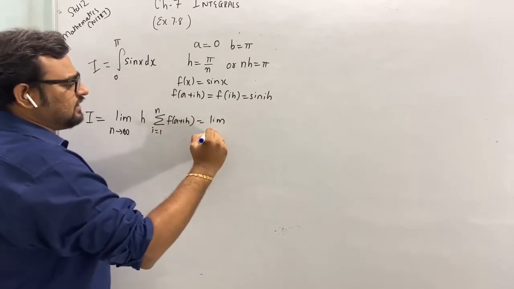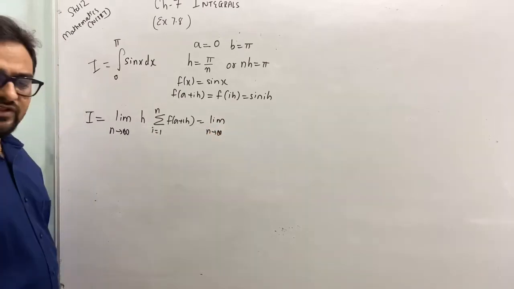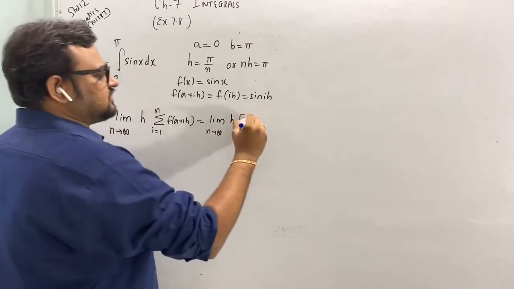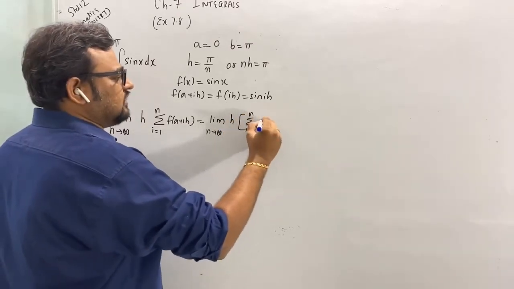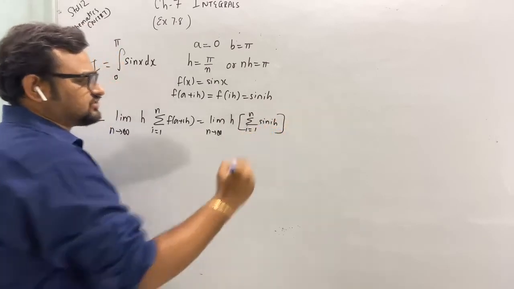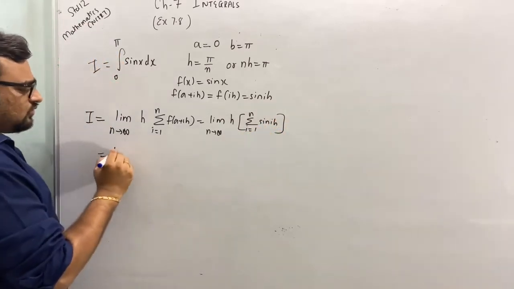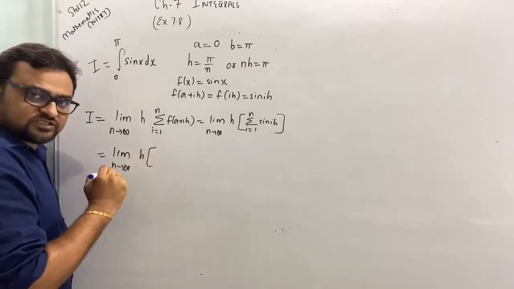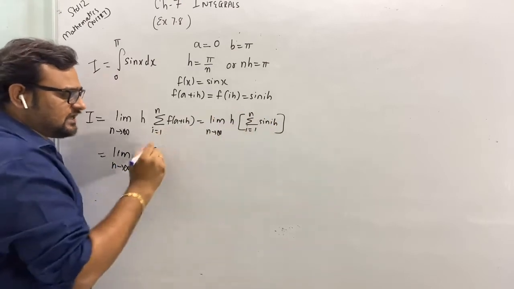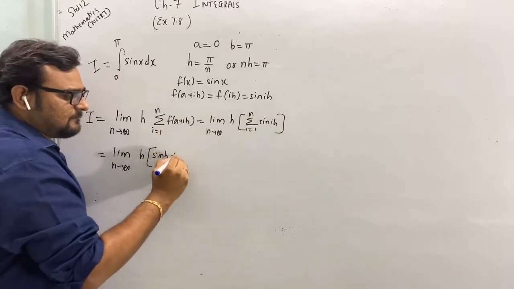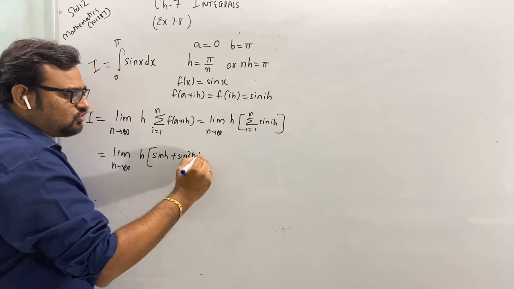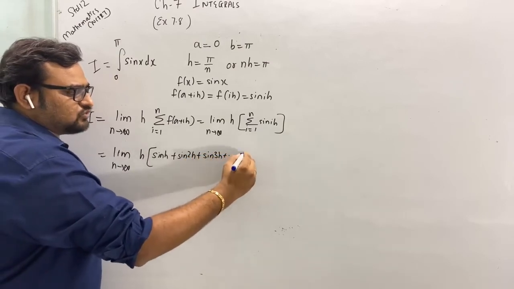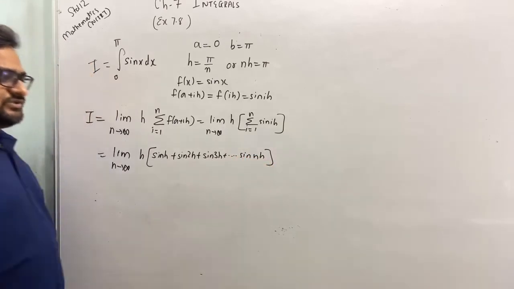This will be equal to limit n tends to infinity, h summation of i equal to 1 to n, summation of sin ih. Clear? So this will be equal to limit n tends to infinity, h constant. Now 1 to n, so sin h plus sin 2h plus sin 3h up to sin nh.